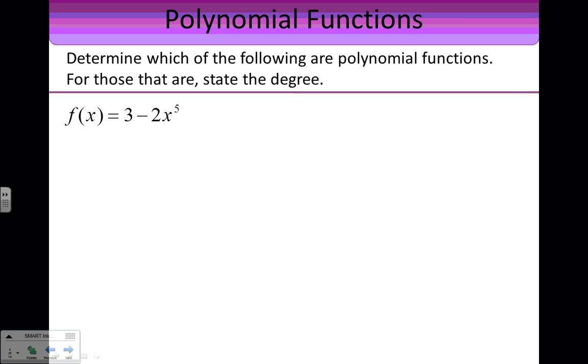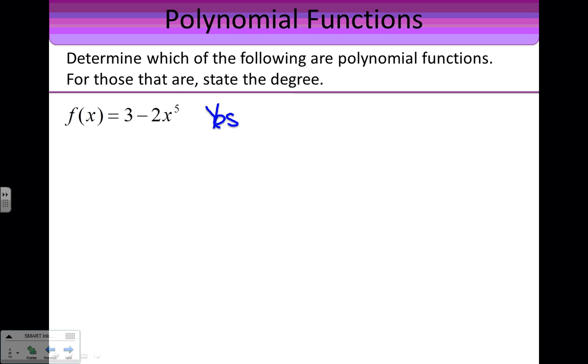So yes, we have 3 and -2. Those are real numbers. 2, are our exponents whole numbers, positive whole numbers? So yes, the exponents we have here are 0 and 5. So those both are whole numbers. So we would say yes, this is a polynomial.